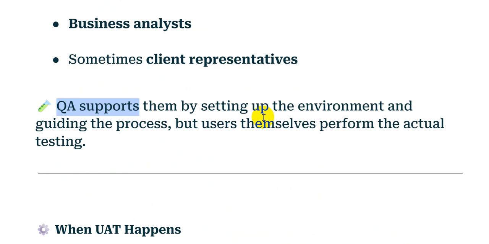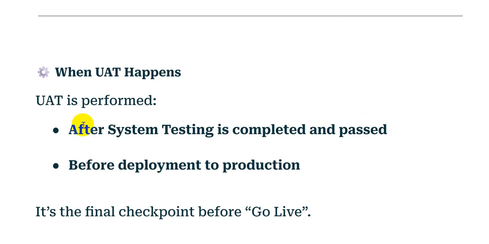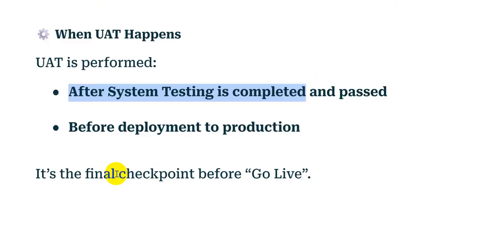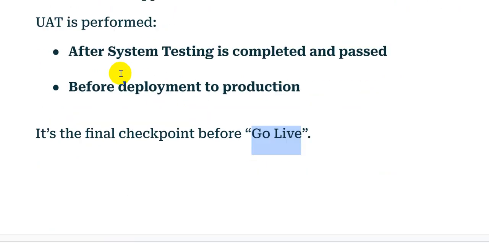QA just gives support for environment setup and prioritizing the flows. UAT happens after system testing is completed and passed, and before deployment to production. So we can say that before our application goes live, the UAT phase is going on.